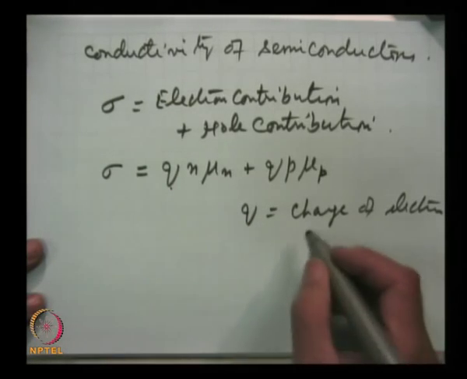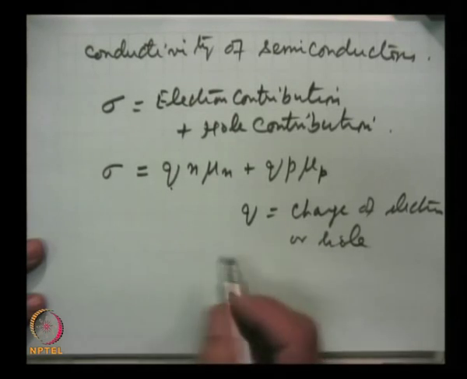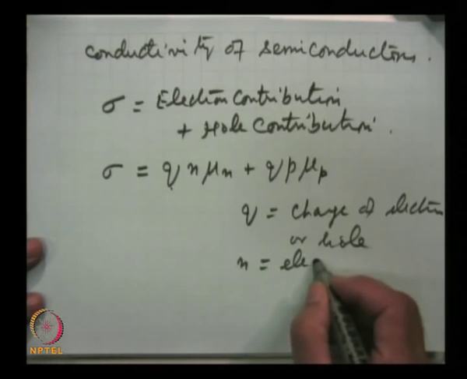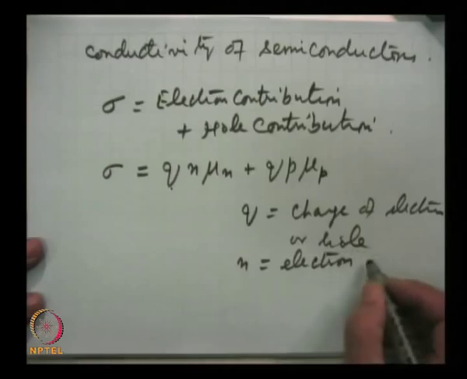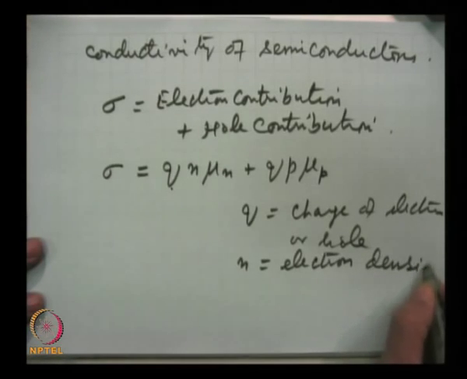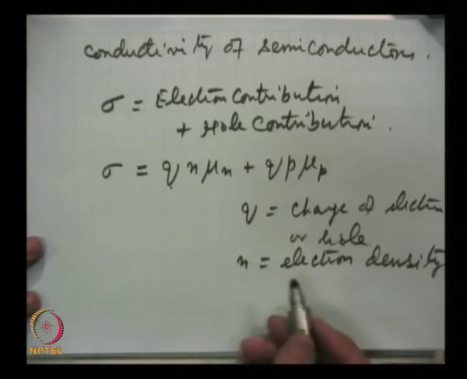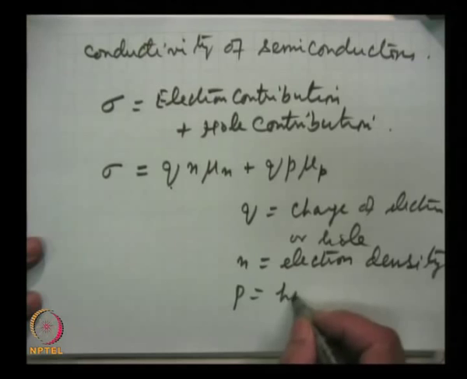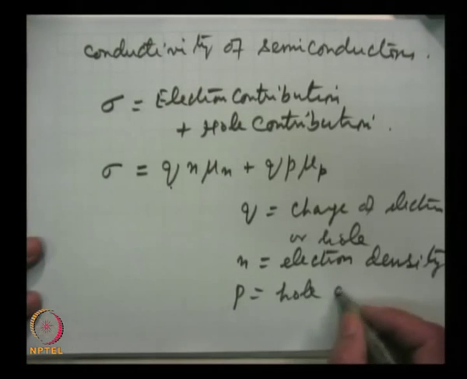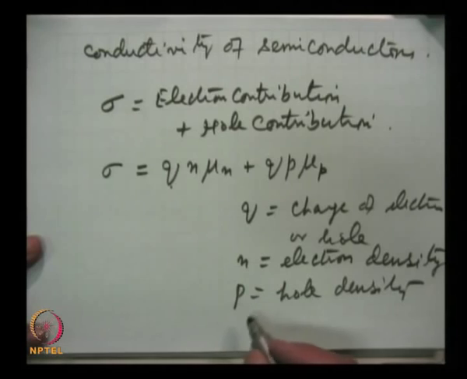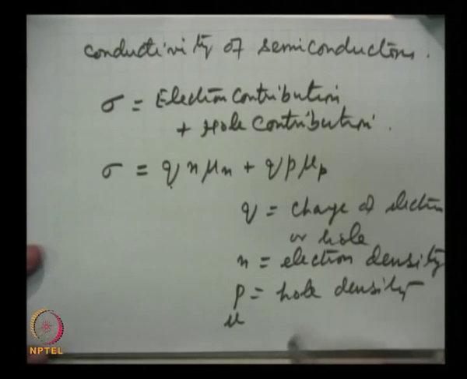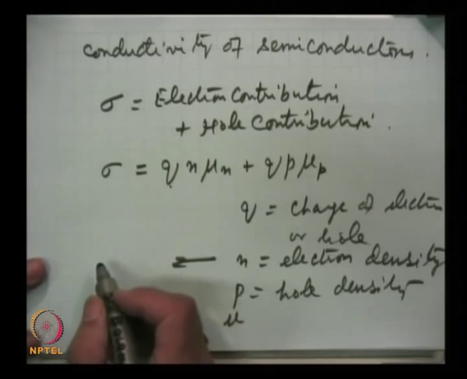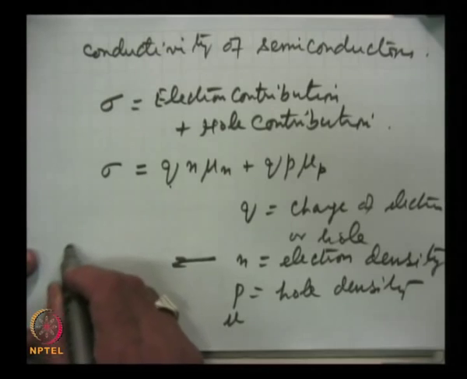So, charge of electron or hole, and N is electron concentration or electron density, one and the same thing, and P is the hole density. These are expressed in number of electrons, for example, per cubic centimeter.